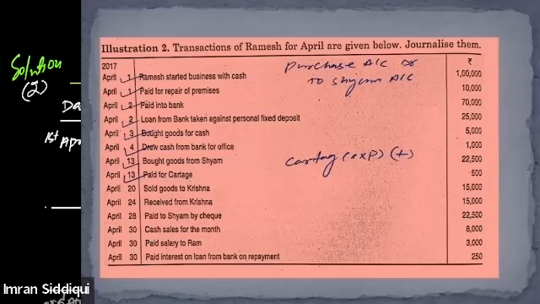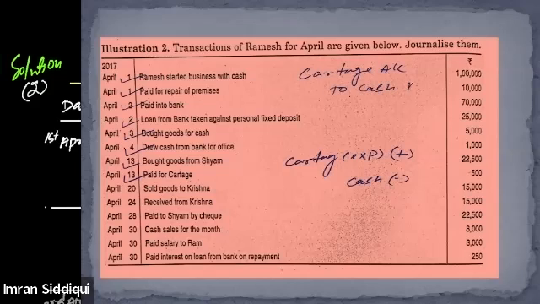And we have paid this, assuming that we must have paid it in cash. So our cash will reduce. So the journal entry for this will be cartage account debit to cash account. That's right. Perfect. Very good.